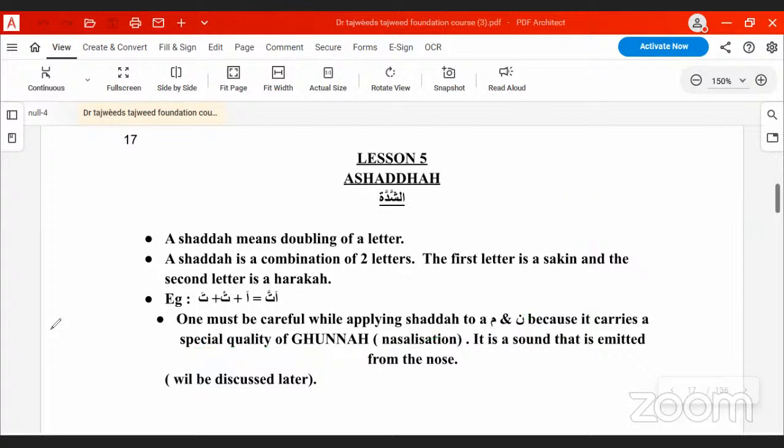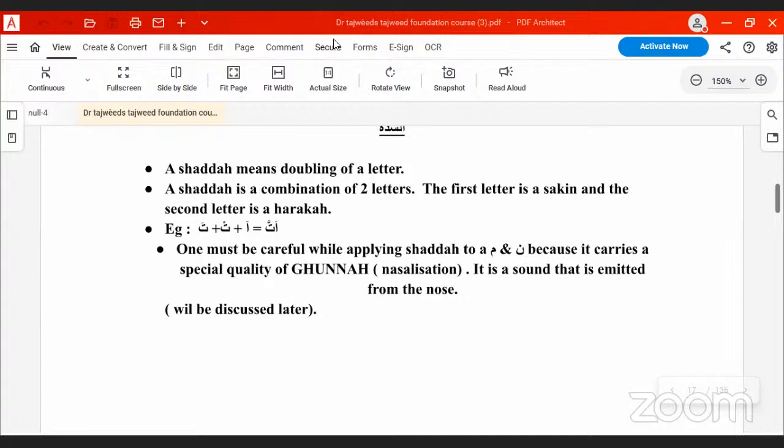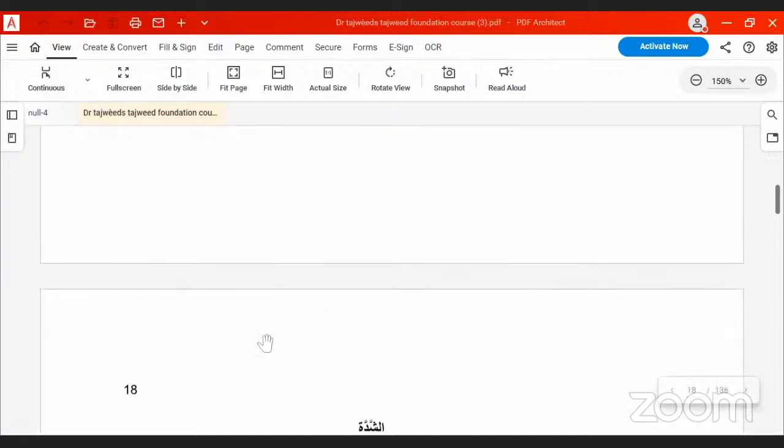Whenever the letter meme and the noon with a shadda comes, we have to be careful. Inshallah, how to pronounce it, we'll discuss from the upcoming classes.